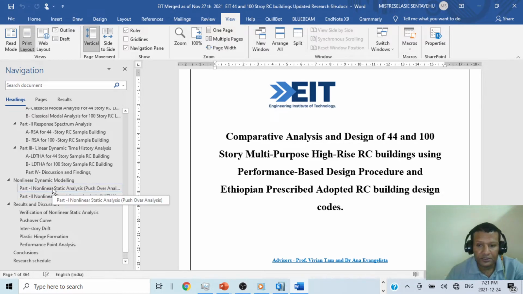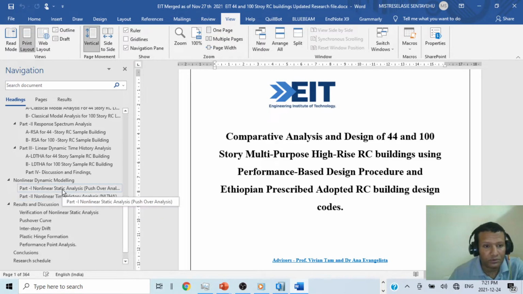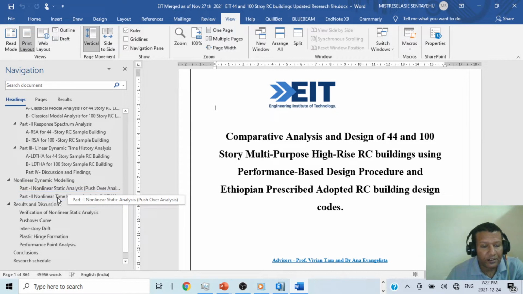So as usual, first we have to change our model from linear to nonlinear. To do that, I use the plastic hinge modeling approach for columns and beams, and the fiber hinge modeling approach for shear walls.